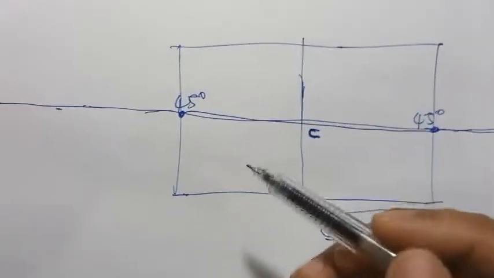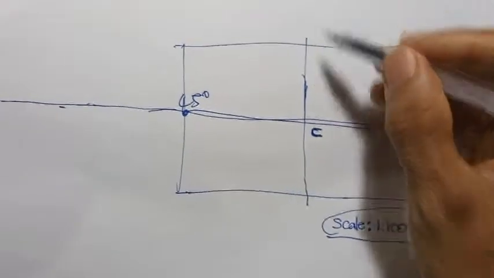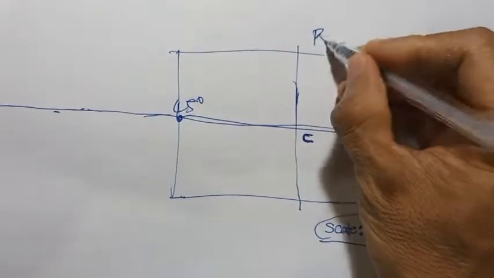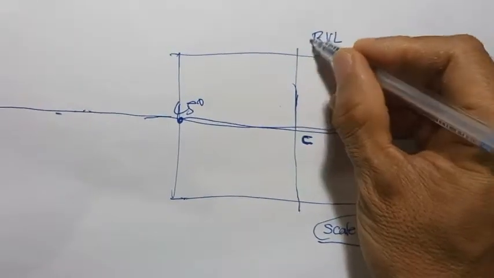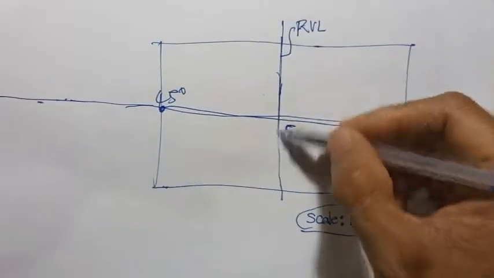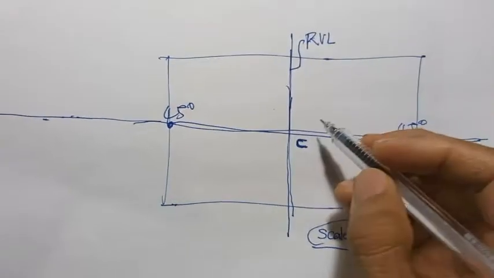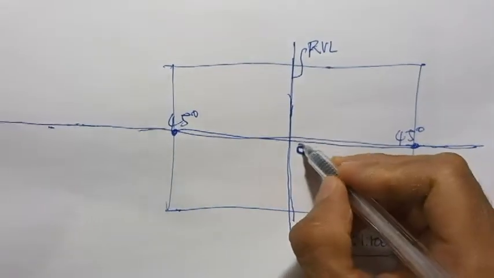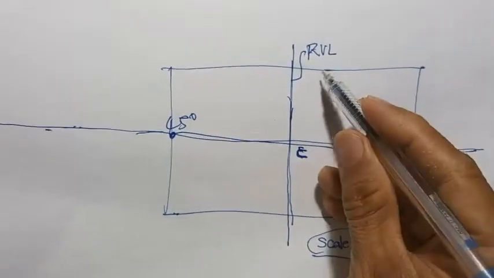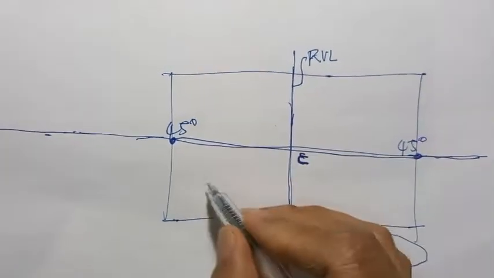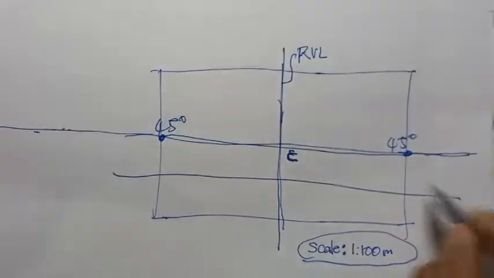Okay, then next, establish the reference vertical line or RVL passing through C from the center. Then mark the units of RVL with the 1.20 meter height.